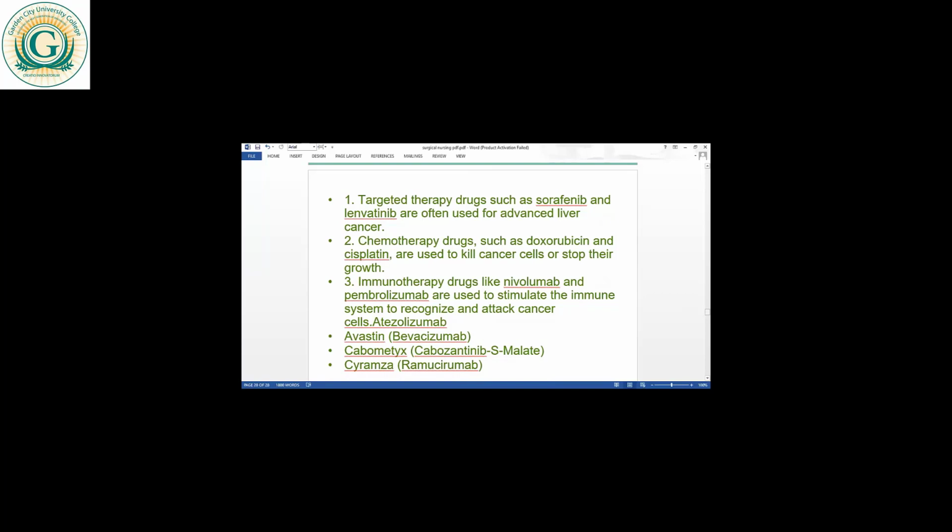Immunotherapy drugs like nivolumab and pembrolizumab are used to stimulate the immune system to recognize and attack the cancerous cells. And then we talk about Avastin and the likes.